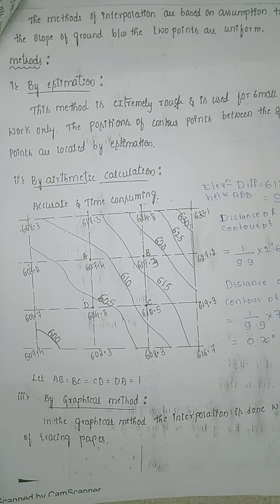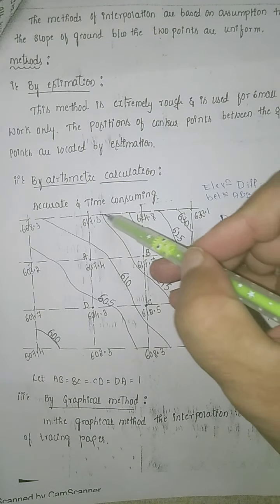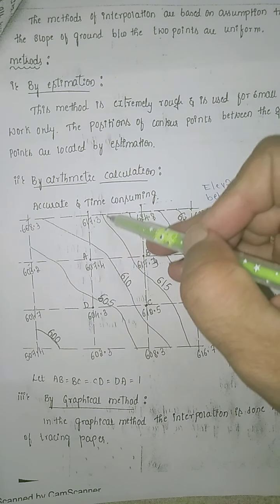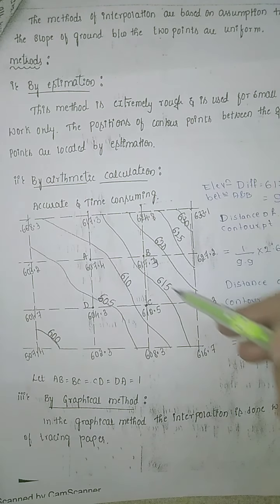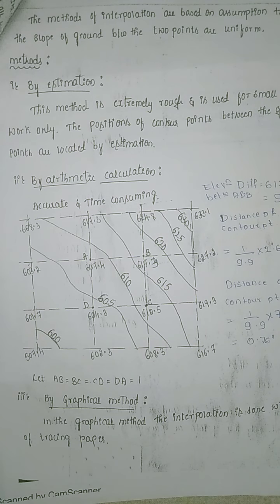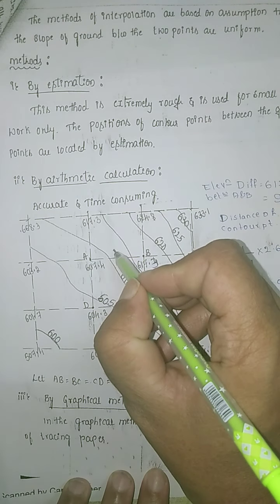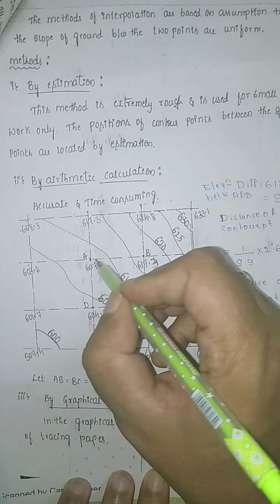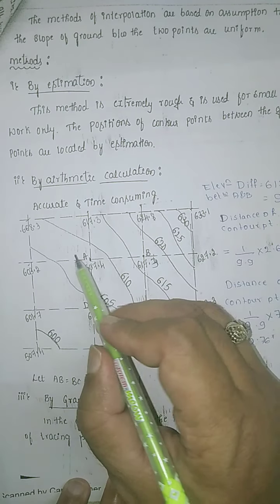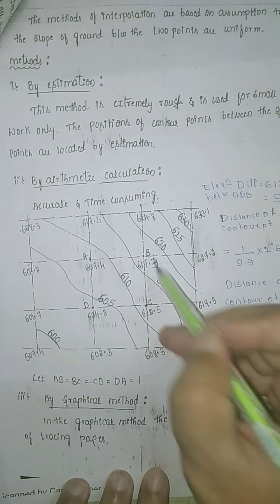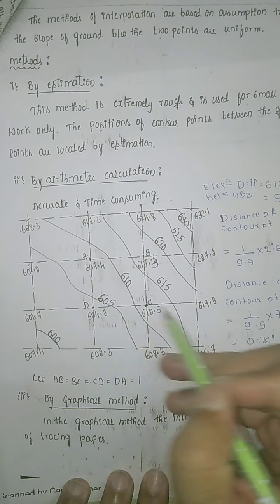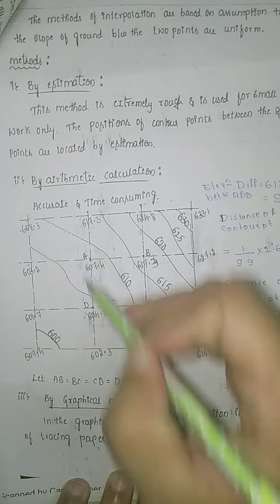In this grid, if you want to locate the contour line where you have taken the reading, what you are going to do is this. If you have plotted this in your diagram, AB is going to have 1 inch, BC 1 inch, CD 1 inch, and DA 1 inch.